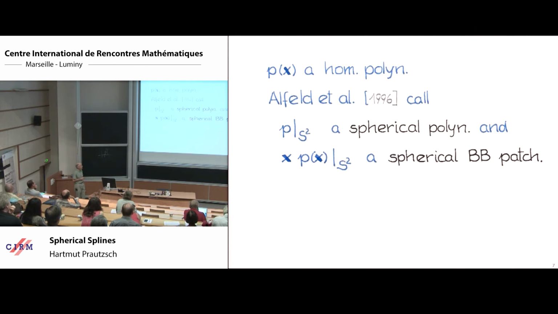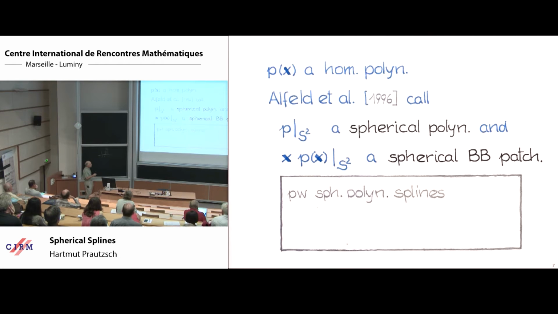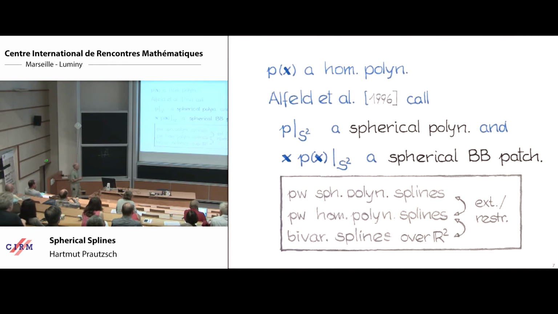And of course, we can take pieces of these and piece them together to get a spherical polynomial spline. And if we extended it homogeneously, we get a piecewise homogeneous polynomial spline living then on R3. And this can be restricted again, but now to a plane, to get a bivariate spline over some plane.